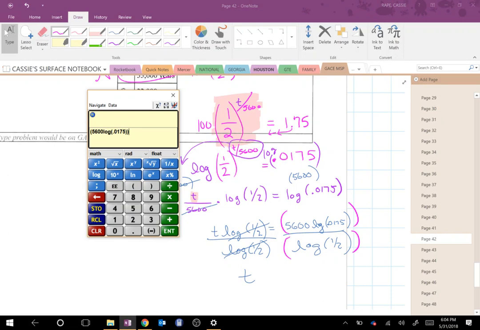Now I'm just going to double check. I've closed the 0.0175 and I've closed the entire numerator, divided by open parenthesis log of 1/2, and it's already closed. Now I'm closing the denominator and hit enter. That's 32,684, which is a little bit too high to be rounded down to 32, so the answer is 33, and that is A.